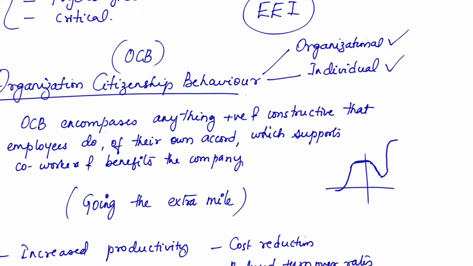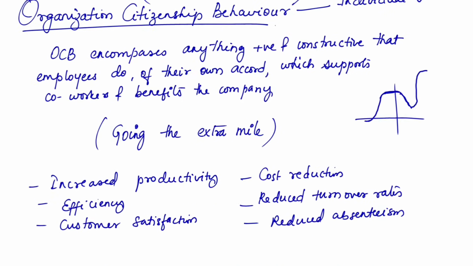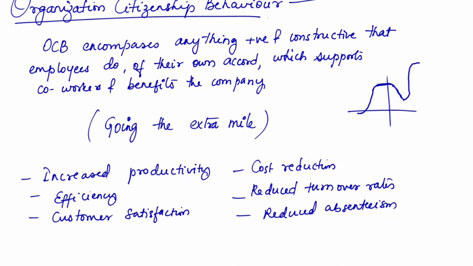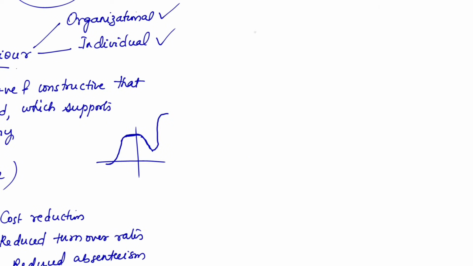Now, there are multiple dimensions of OCB, like altruism, that is helping behavior directed towards individuals. The next one is generalized compliance. I'll just write it down here. Altruism, then generalized compliance, then conscientiousness.